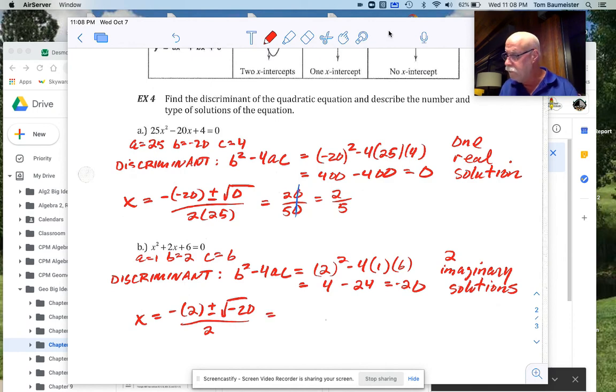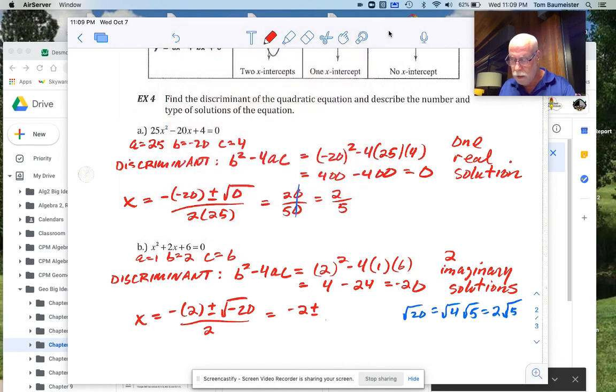Okay, so we know that we can write this as negative 2 plus or minus, let's see here, why don't I go a different color here for you? Because remember, the square root of 20, I can write as the square root of 4 times the square root of 5. The square root of 4 is 2. 5's prime, so I have to keep it by itself. So that's what we should get there.